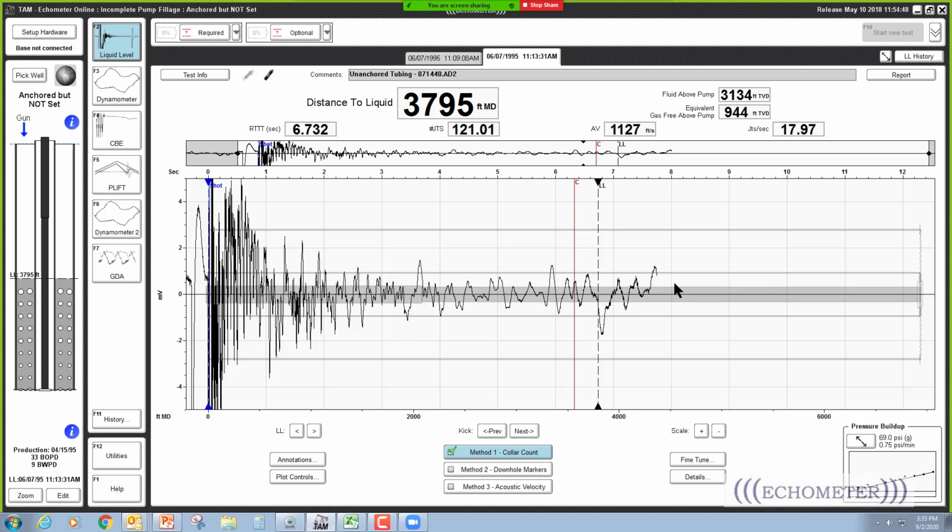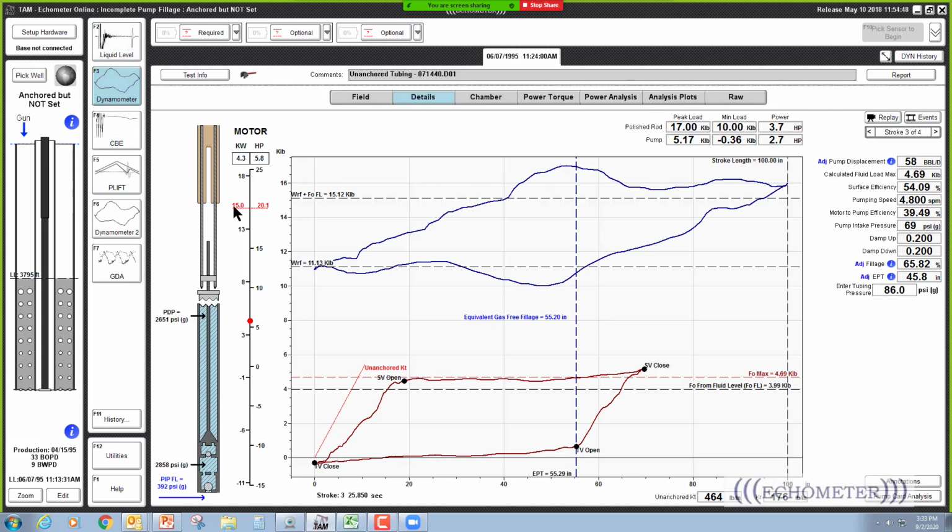It's just that the liquid level that should have been selected down here, you can't see it. That makes this somewhat of a poor example because you can't have this load line, FO from the fluid level, below FO max. If your fluid level's at the pump, FO from the fluid level needs to be up here at FO max. That's a question we sometimes get from this example.